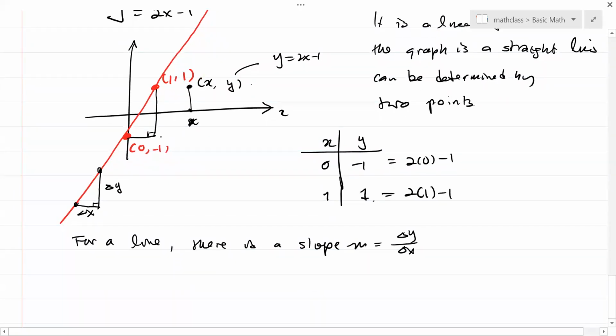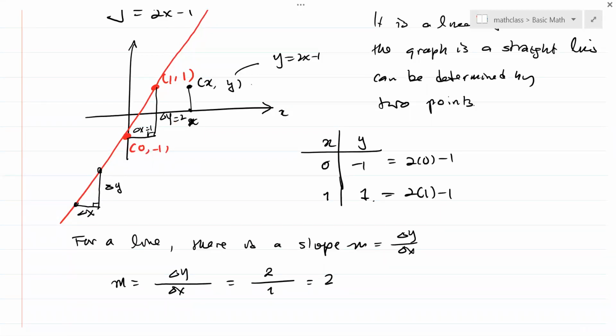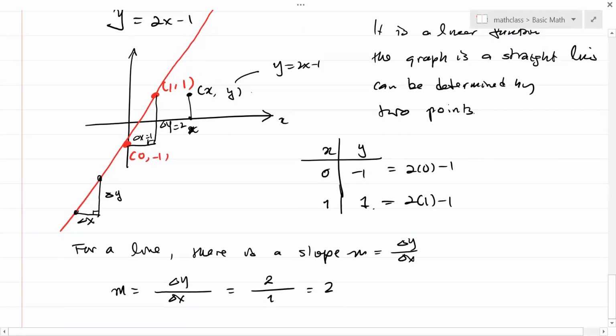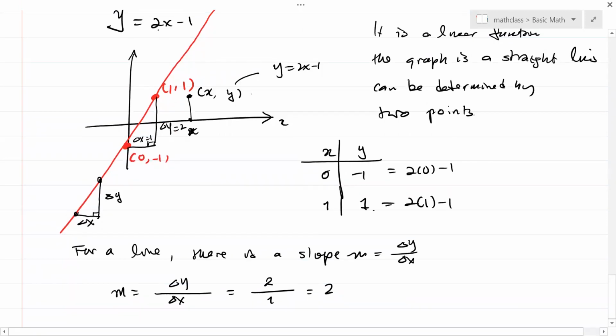Now the change in the y variable from -1 to 1 is going to be 2. The change in the x variable will be just 1. So for this particular problem, the slope is 2. And actually this 2 is the coefficient of x, as you see.